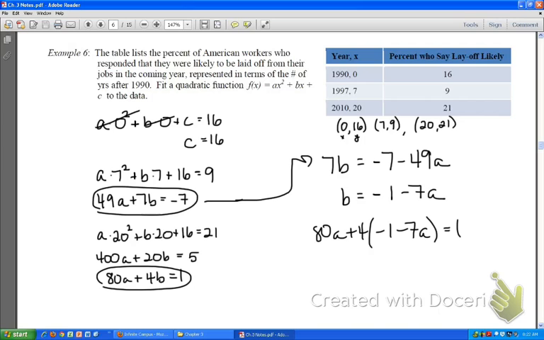So that gives me 80A minus 4 minus 28A equals 1. What's 80 minus 28? 52. If I add my 4 over, I get 5, right? So A equals 5 over 52.